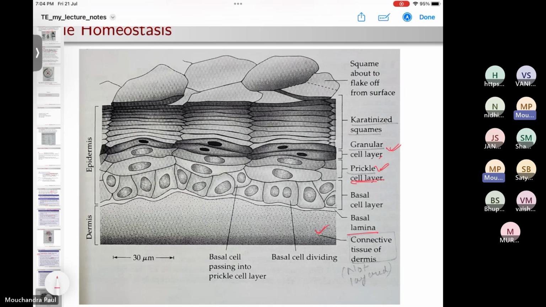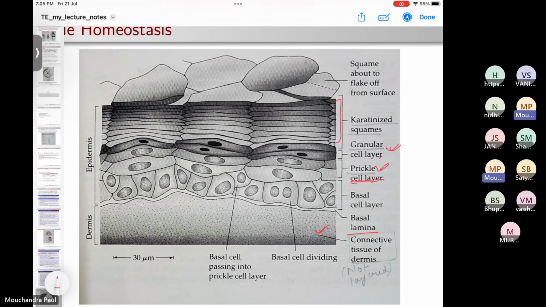Keratin is a protein, and in these cells the keratin content is very high, which is why they are called keratinized cells. Also, they are dead cells, and they form a very thick layer that is actually visible to you.